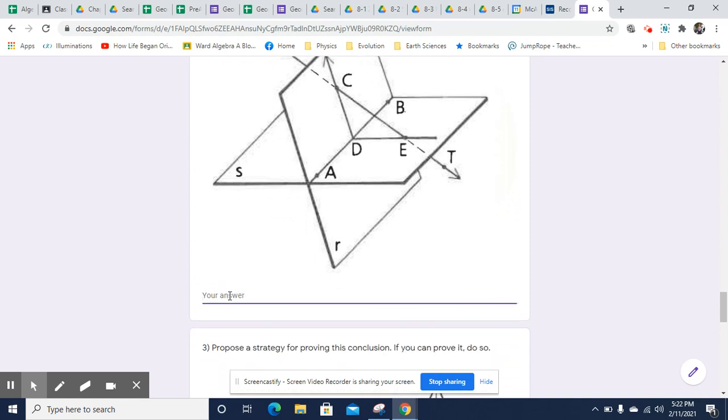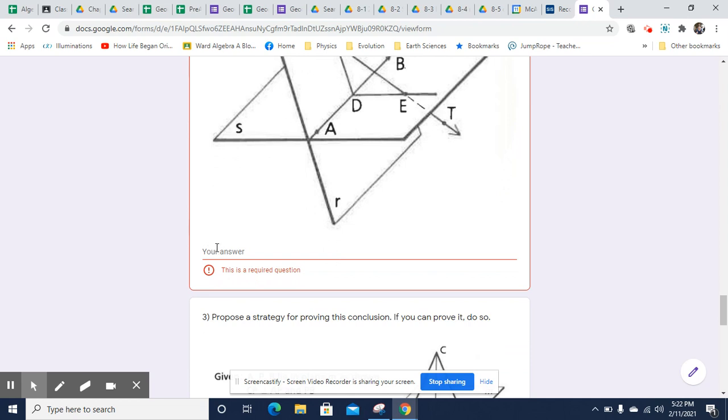But basically, you could also have chosen C, D, and E, and A if you wanted to use one of the planes that's not formally labeled, since C, D, and E determine a plane, and B is not on that plane, and A is not on that plane. C, D, and T also determine a plane, so C, D, T, and A would work as well.